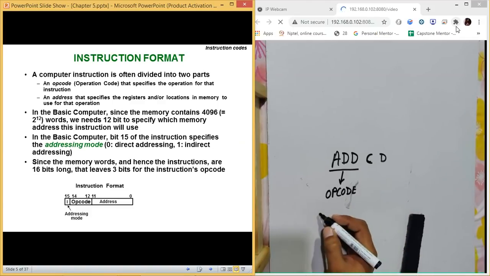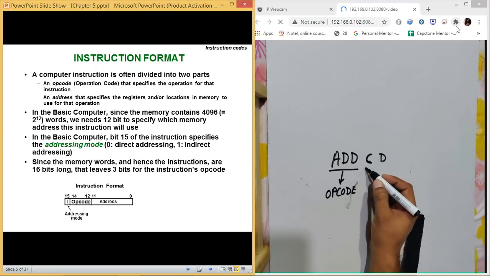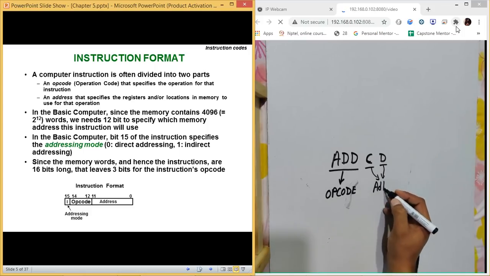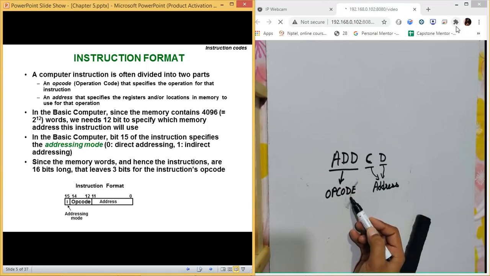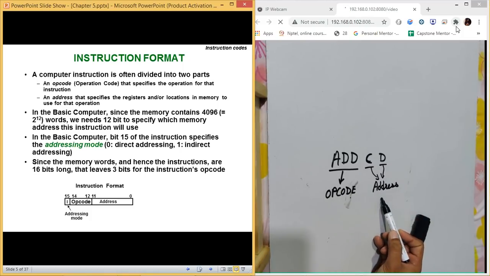It is also known as operation code. This is an opcode, and these two are the addresses where we are going to perform the operation. So this will be known as opcode. The later parts are known as addresses.